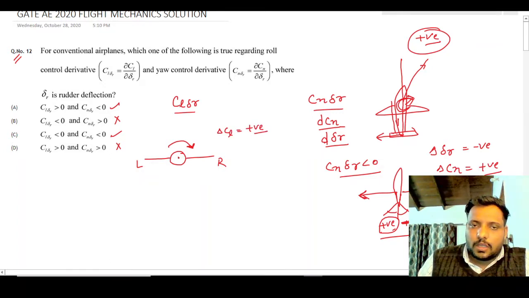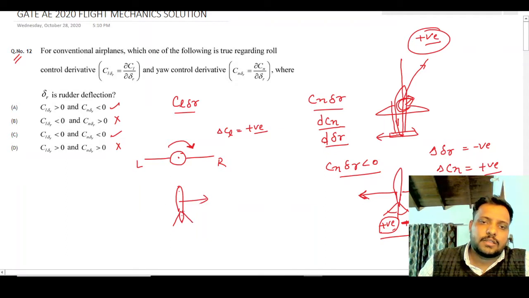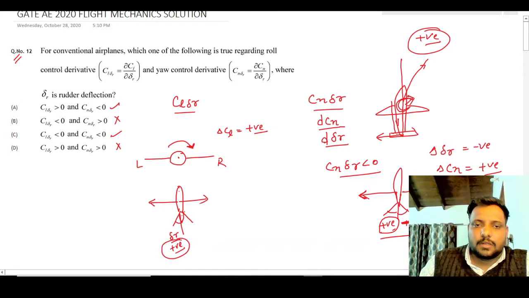Now if we analyze the same with respect to change in rudder deflection, for that we have to look at this. This is the rudder. If this is deflected in this direction, there will be a side force in this direction, and in this direction the deflection of rudder is taken as positive. Okay, so for positive rudder deflection, there is a side force in this direction, that means towards the right wing.